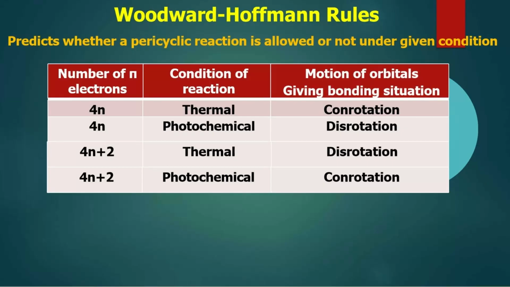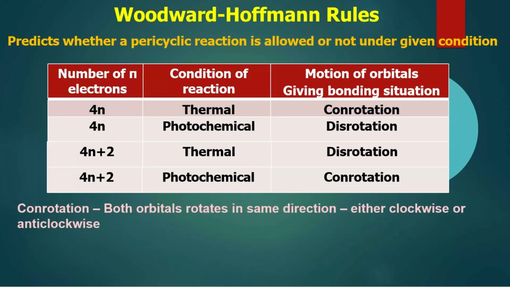What is this dis and conrotation? In conrotation, both the orbitals rotate in the same direction, either clockwise or anti-clockwise, to give the bonding situation.